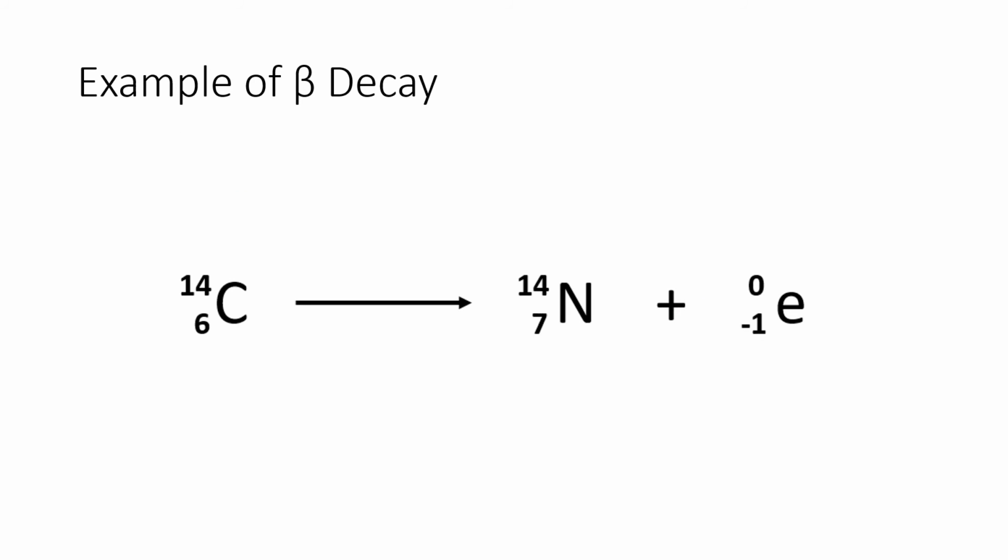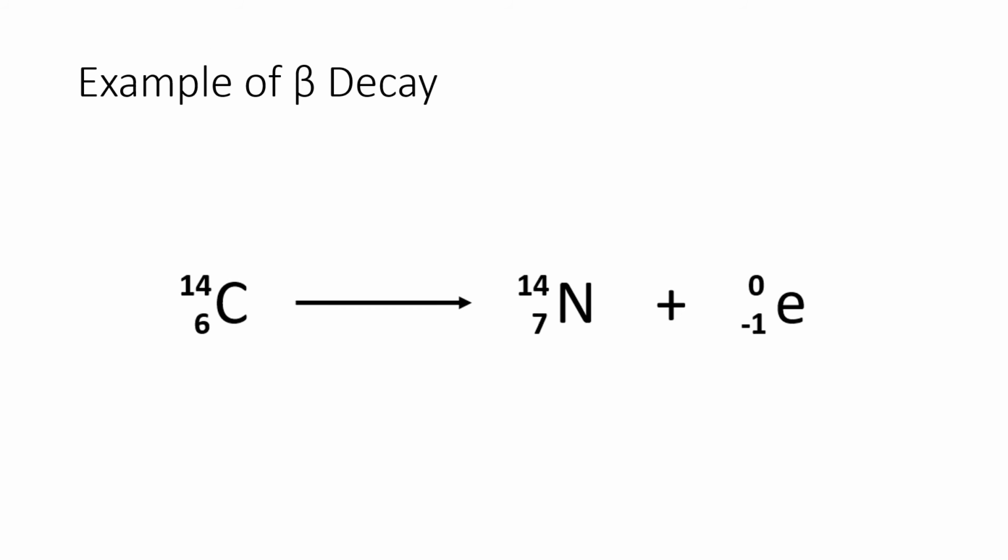For example, carbon-14 with nucleon number 14 and the proton number 6 decays to nitrogen-14 with emission of a beta particle. The nitrogen has one extra proton number, which is 7, but the nucleon number does not change.